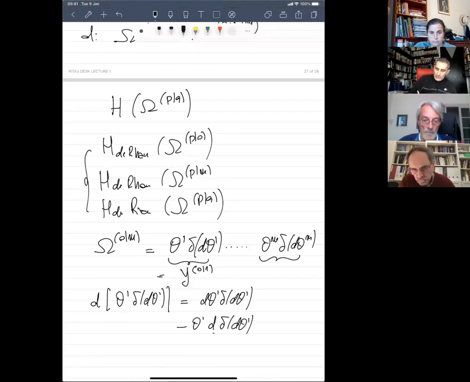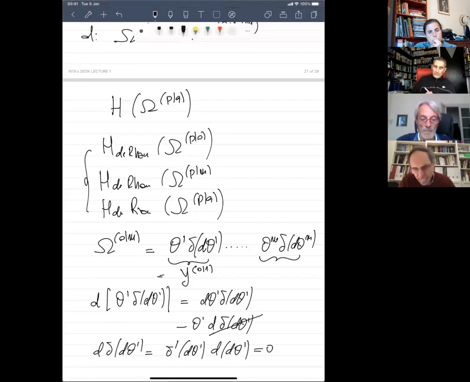Now this one gives you 0, because delta prime of d theta 1 times d theta 1 automatically gives you 0. But you see there are also these other terms, and then I use again the usual distributional property that gives you 0. So therefore, this is, of course, closed.